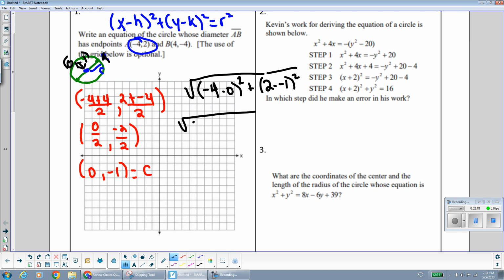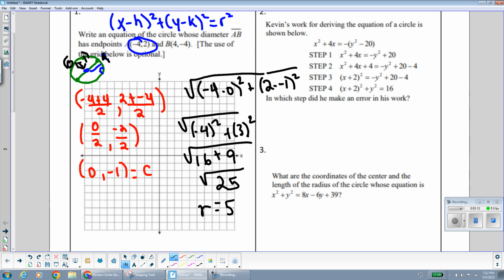So that would be negative 4 squared plus 3 squared. That is 16. Oops, I wrote to the ninth power. That was 3 squared. That's 16 plus 9, which is radical 25. And radical 25 is 5. So that is the length of the radius.